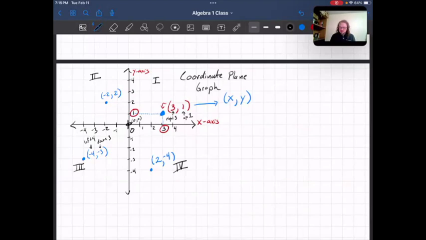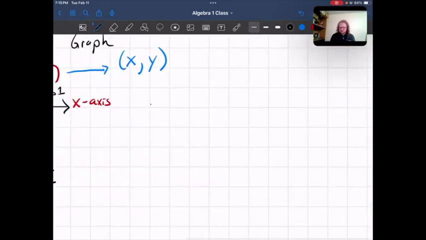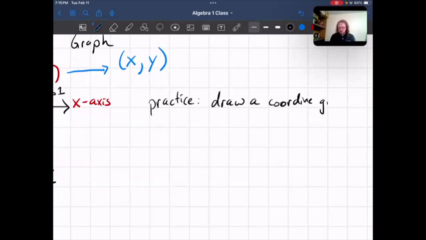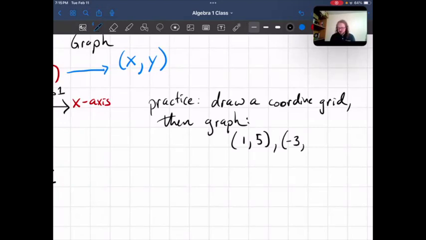So if you want some practice, you can draw a coordinate grid, then graph 5, -3, 2, 1, -1, and 2, -4.